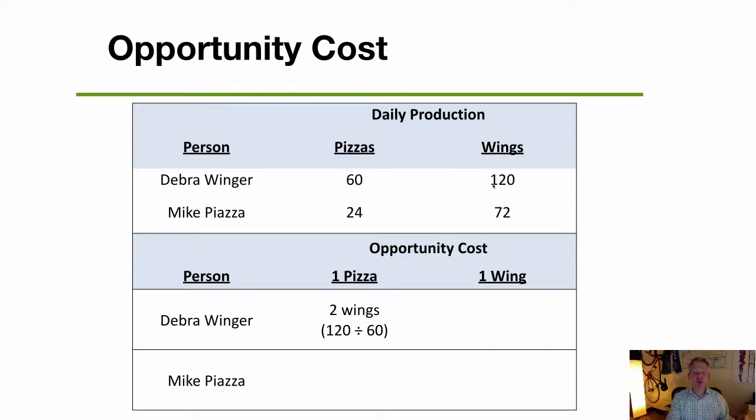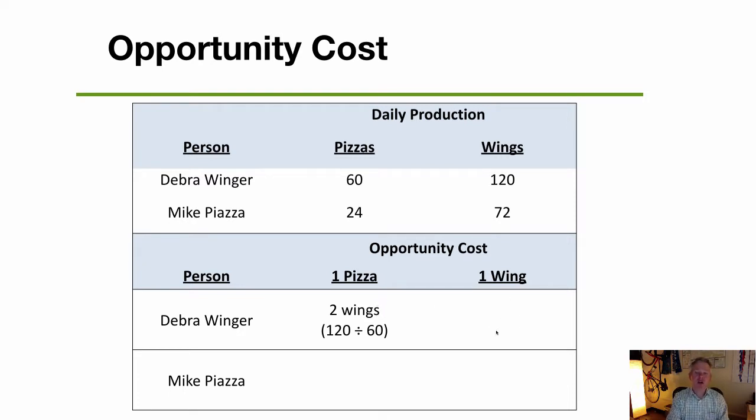So all you do is divide the number of wings by the number of pizzas, because I want to know for one pizza. So pizzas goes in the bottom. It's the thing I want in terms of what does it cost to make one pizza? You do 120 divided by the pizzas, and it's 2 wings. Now this only works for a linear production possibilities frontier, that it's this simple, but when we ask you these questions, that's what we're going to be looking for.